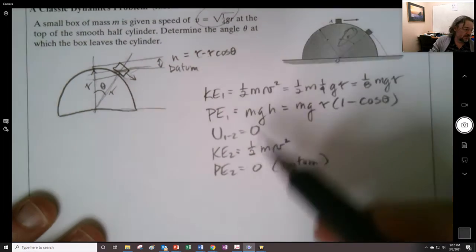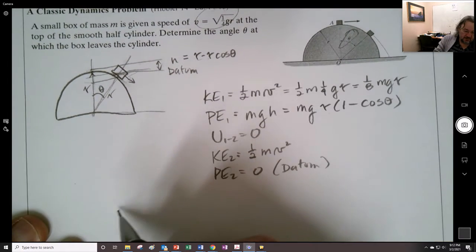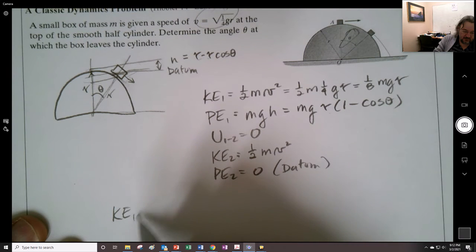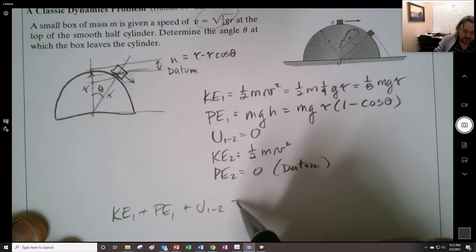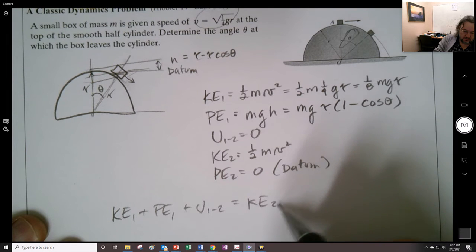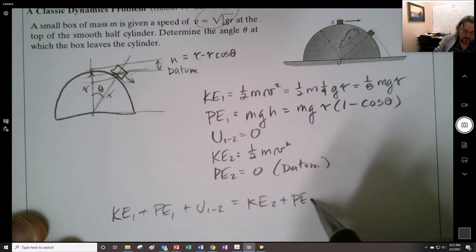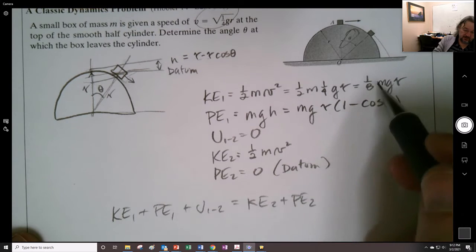That's cool. All right, so we're going to set up this thing and say KE1 plus PE1. You know the drill. And so start plugging the things in.